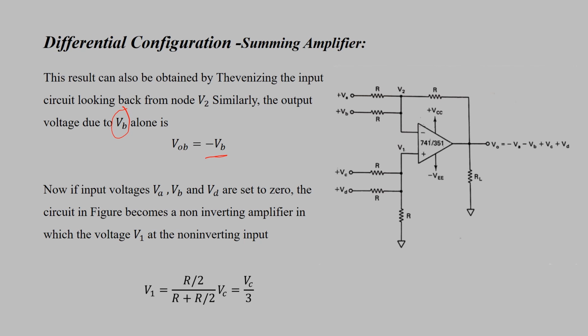Now, because of VC, we have to set VA, VB and VD equal to 0. Now, the circuit will become a non-inverting amplifier and the output voltage will be because of VC. Firstly, we want to find the voltage V1, that will be R by 2 over R plus R by 2 into VC, that will become VC by 3.